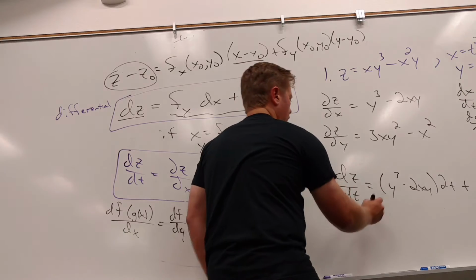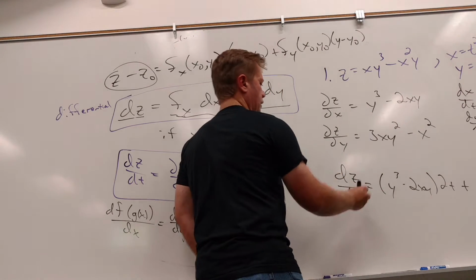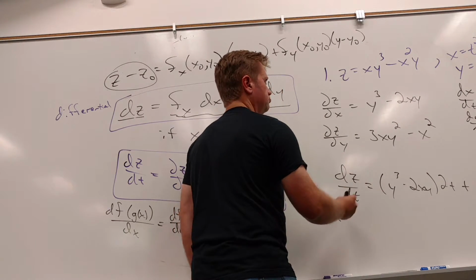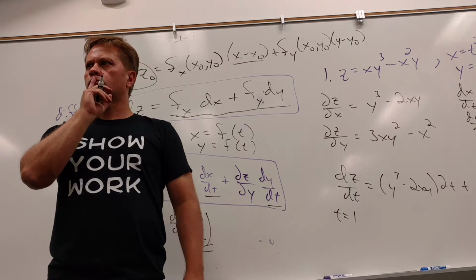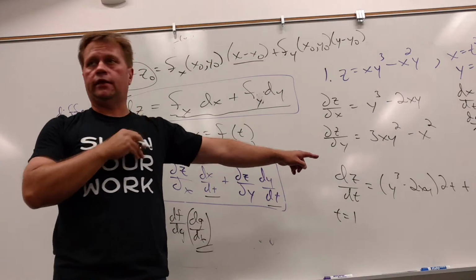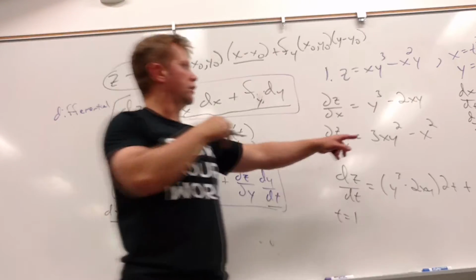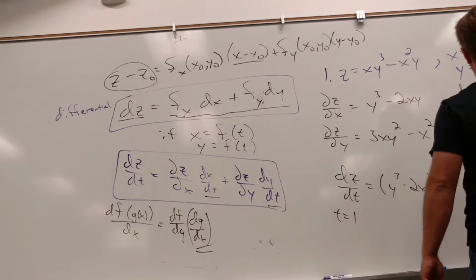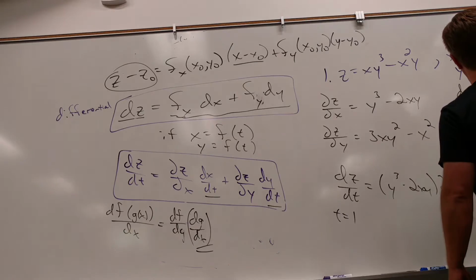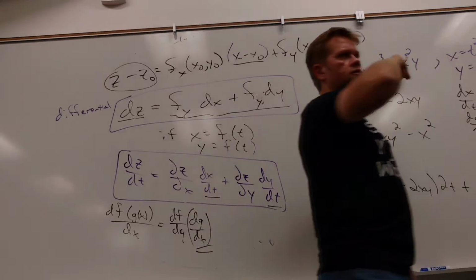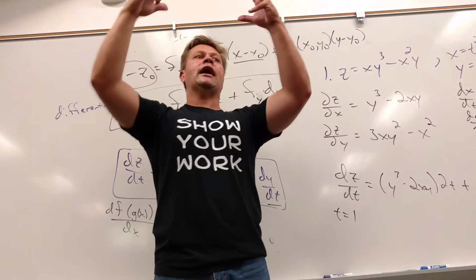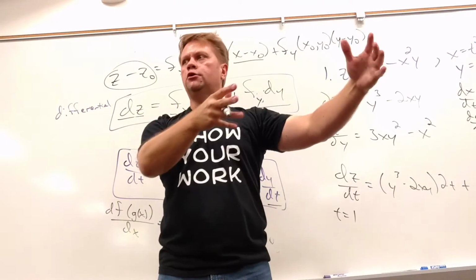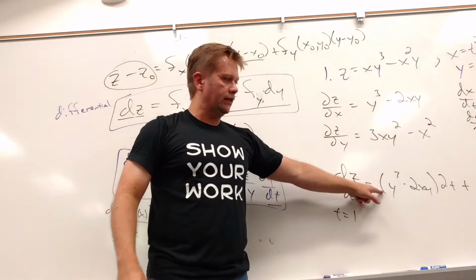So if I said find dz dt when t is 1, then I would rather leave it like that. Because now, if t is 1, x would be 2 and y would be 0. Right? If t is 1. Is that cool? So in that respect, if they say find dz dt at a specific value of t, then I'd rather just leave it like this.